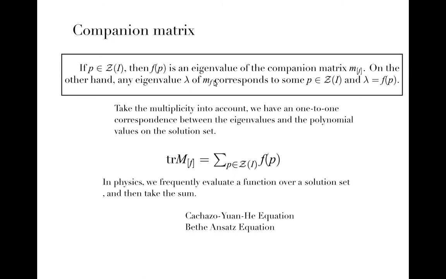So one very important application is, of course, quite obvious. Say I have this function f, a well-defined function with some physical meaning. I don't want just one f of p. I want to sum over all the solutions p here and get some physical quantity. That's the situation, for example, in the scattering equation or in the integrability Bethe ansatz equation.